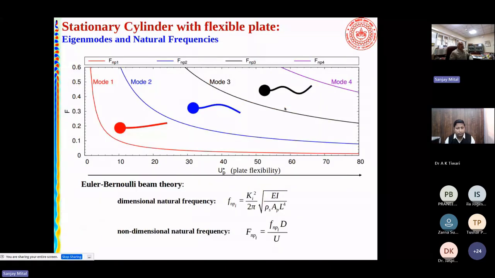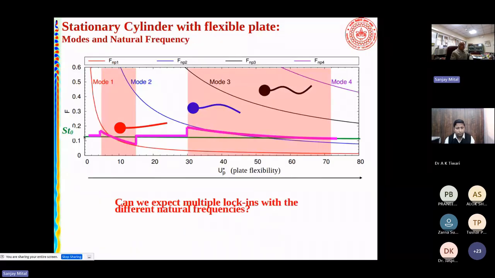If we have the structure, then it can get excited into these different modes: the first mode, the second bending mode, the third bending mode. But the fluid has a frequency. So if the vortex shedding takes place at this frequency, then perhaps at different flow velocities, we can get excitation of different modes: the first mode, the second mode, and third mode.